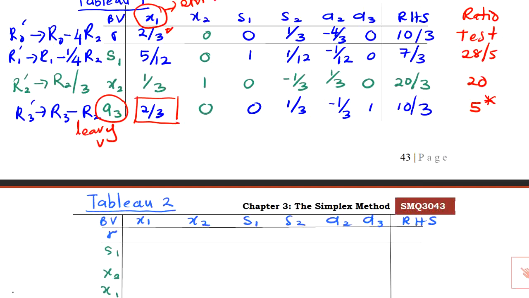So row 3 new will be 3 over 2, row 3. So here we get 1, 0, 0, 1 over 2, 1 over 2, negative 3 over 2, 5.